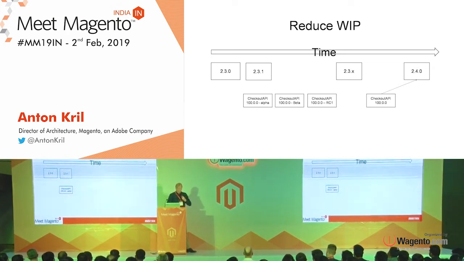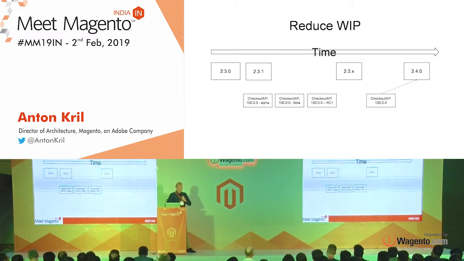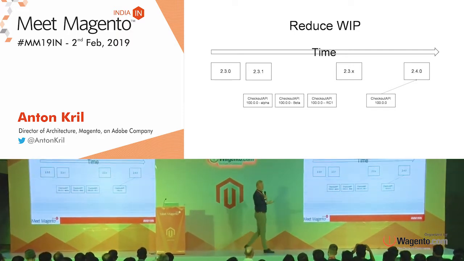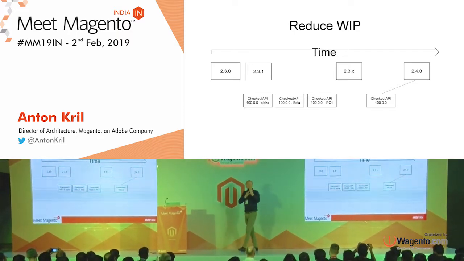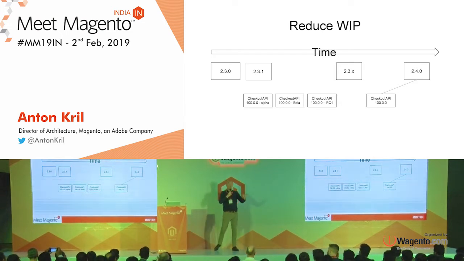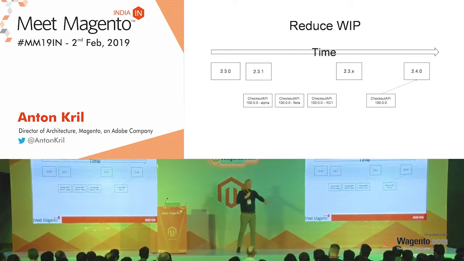When we have 2.3.1, at some point we release a new module, new version, new service of checkout. Then we iterate it a couple of times, release new versions, and then when we are ready, we just include it with the next minor release or next patch release of the Magento core instance. So it was released independently, separately from the Magento application. So if you want to use a newer version, you can go and upgrade to this newer version.